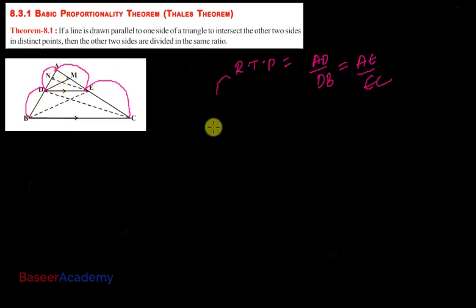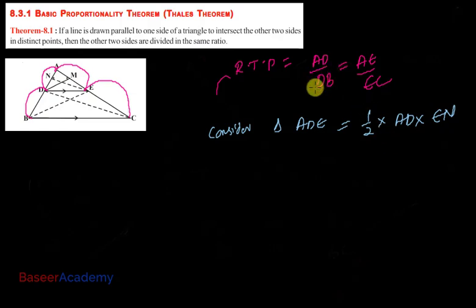Let us consider triangle ADE. What is the area of a triangle? Area of a triangle is half base into height. The base of triangle ADE is AD, and the height is EN, because EN is the perpendicular height.